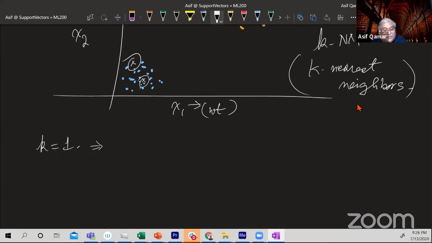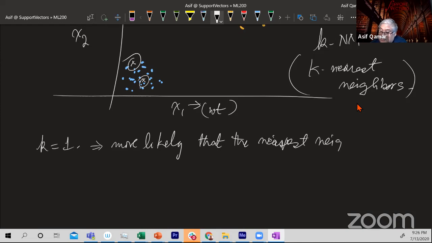you can often get it wrong, isn't it? Accidentally or by chance, more likely, the nearest neighbors may be of the other kind, isn't it?